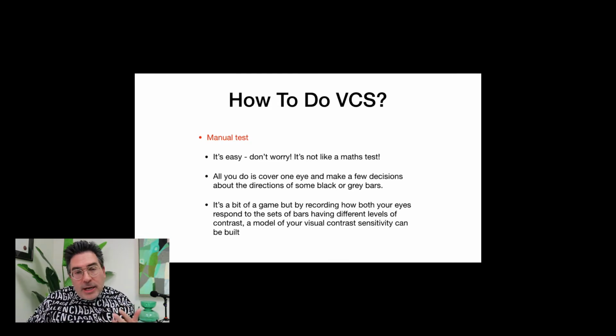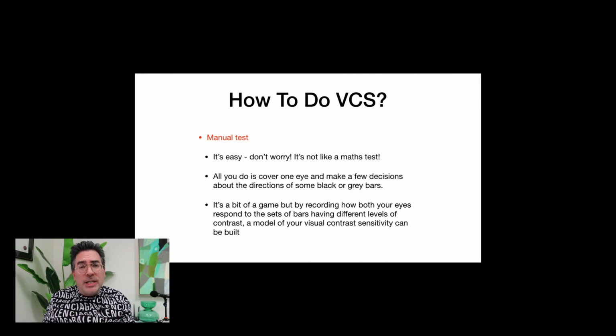So how do you do this VCS testing manually? Well, it's easy. It's not exactly like a maths test, although there is a right or wrong answer. You don't have to do any calculations. All you have to do is work out whether or not the bars are horizontal, moving to the left or moving to the right. You have to do one eye at a time, and in a sense it's a bit of a game, so it should be approached like that.